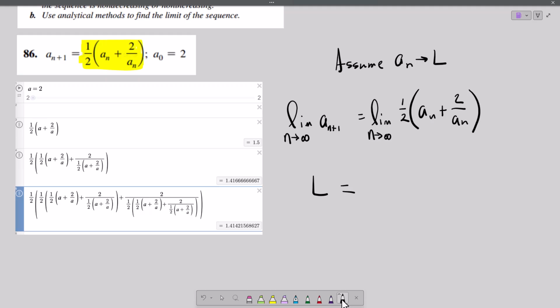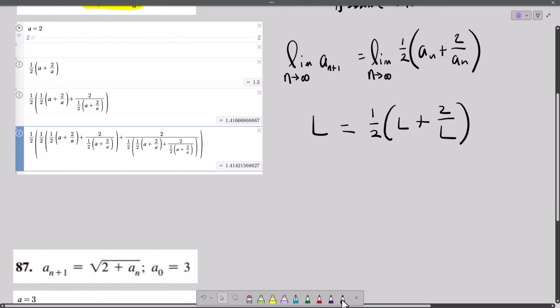So this will be L equals 1/2 L plus 2 over L. The limit symbol distributes into this quantity, then across the quantity, and then into the denominator. So the limit of a sub n, wherever it appears, is L.